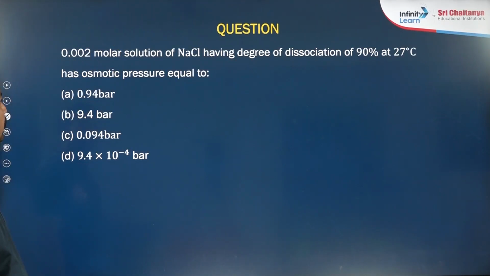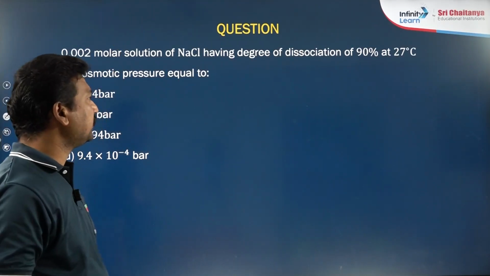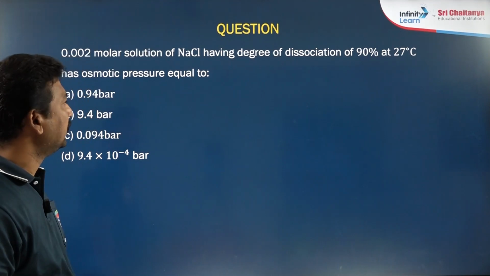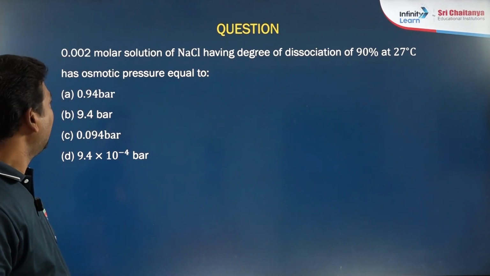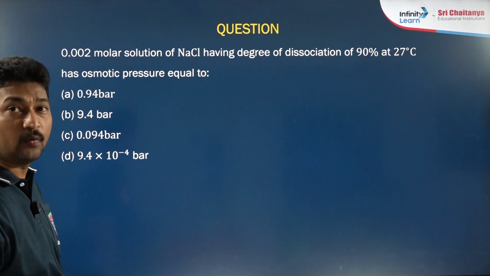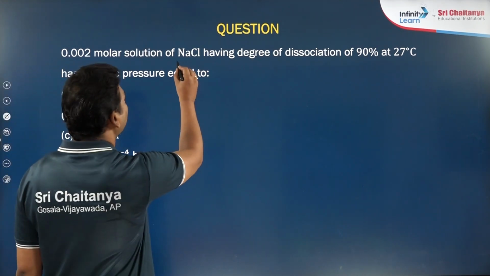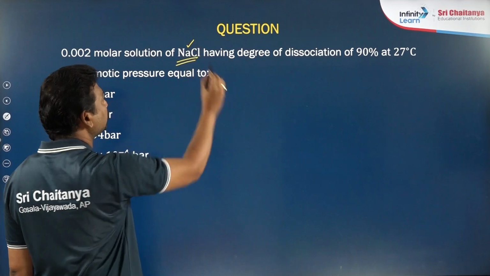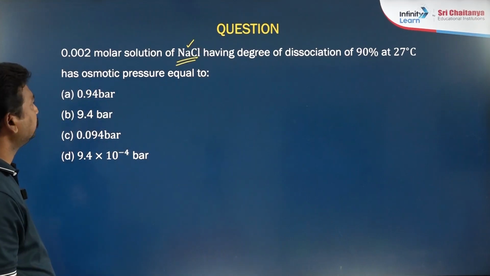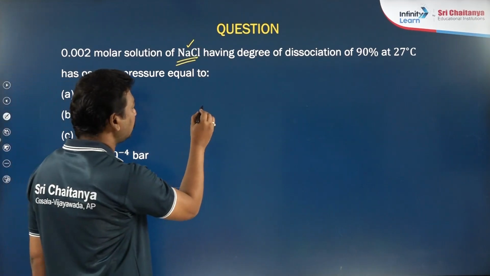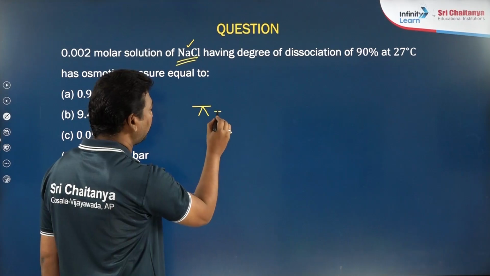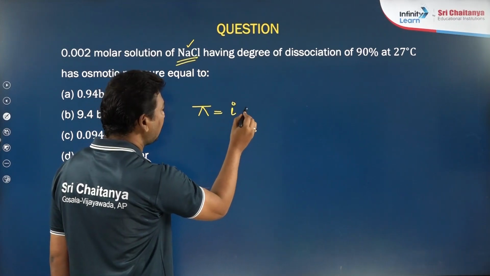0.002 molar solution of NaCl having degree of dissociation of 90% at 27 degrees C has osmotic pressure equal to. Since the electrolyte they have mentioned can undergo dissociation in water, we have to use the abnormal colligative property. Pi is equal to iCRT.